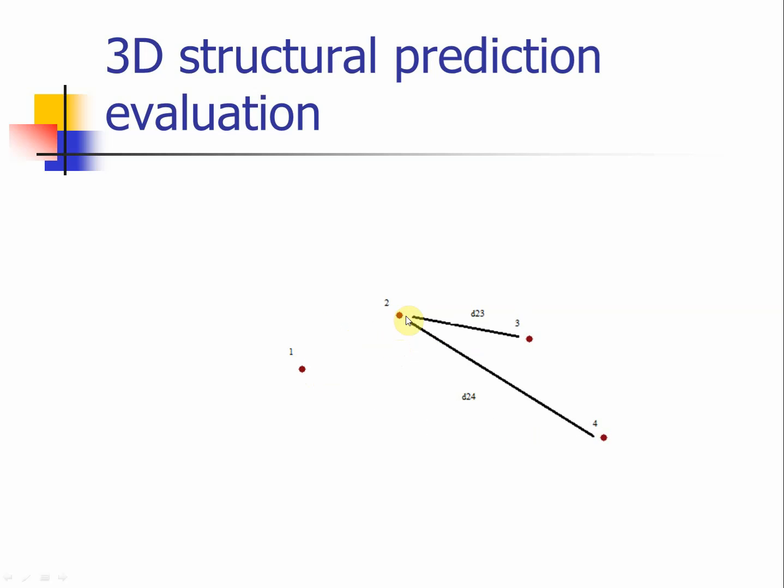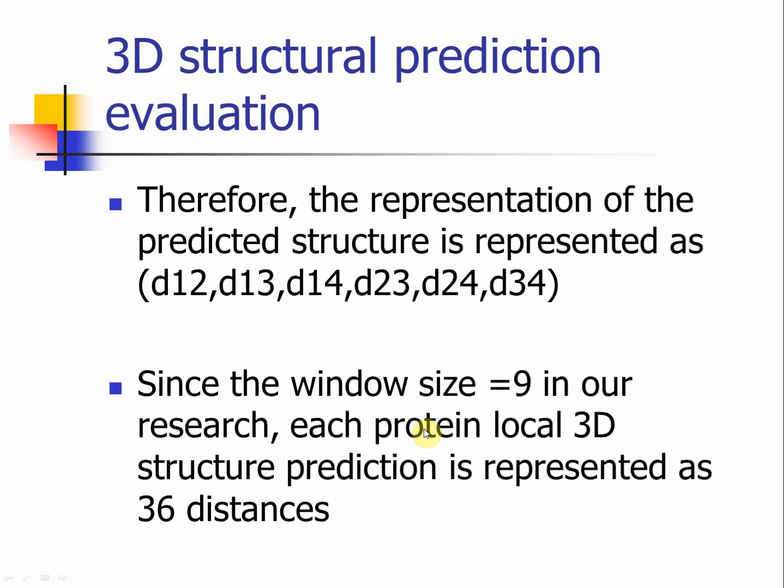Then we go into the other 2 distances, from point 2 to 3, 2 to 4, and of course, finally 3 to 4, so that we will be able to store all of the distances to each other, and by using that, we will be able to reconstruct the original 3D space of the elements. That's why if we have 4 elements, we need to store 3 plus 2 plus 1 distances.